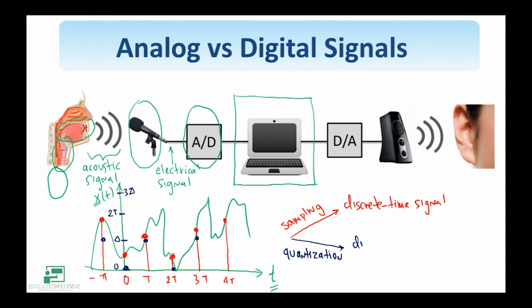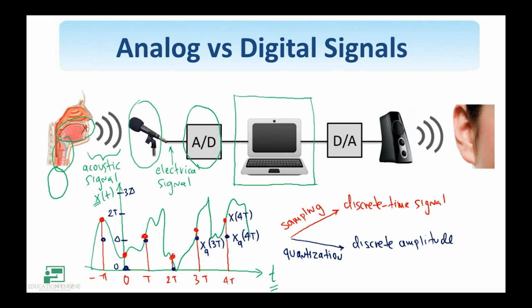and I have now a discrete amplitude of the signal. So the value at 3T here is the quantized value of x at 3T. Actually, here will also be the same value, x quantized at 4T, while the actual value here is x of 4T, and after quantization, it becomes the blue value.